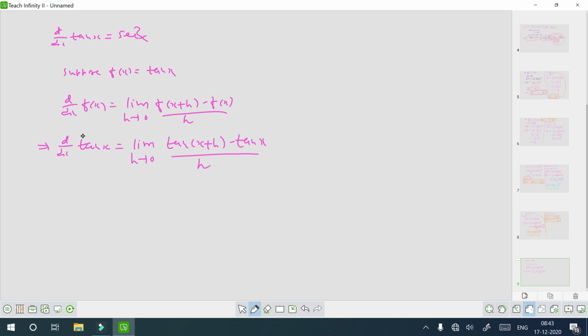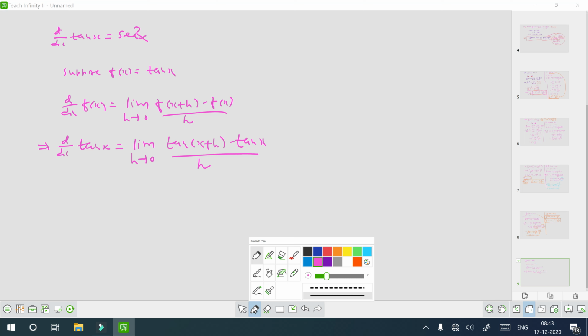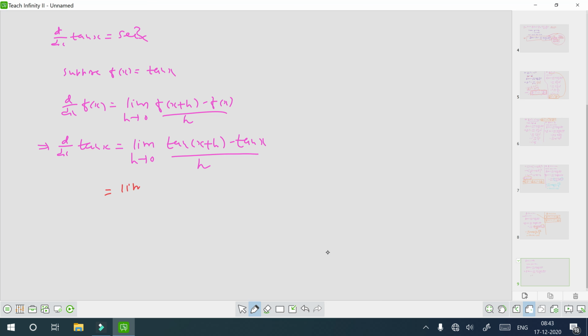Now see, other than sin and cos, whatever may be given, first of all convert into sin and cos. Limit h tends to 0 over h, here sin of x plus h over cos of x plus h minus sin x over cos x.